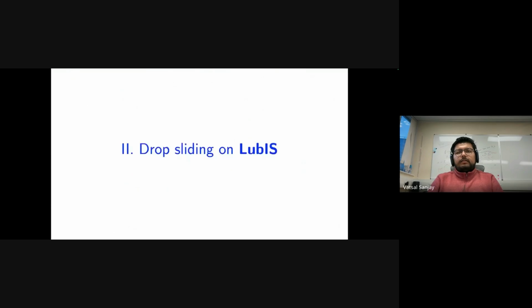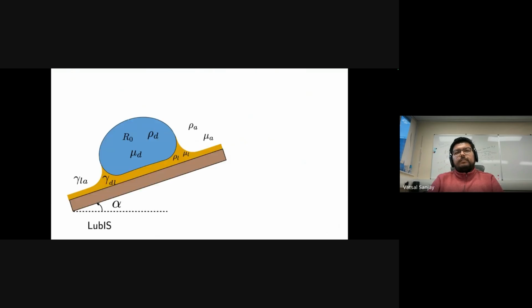So with this picture, let us move now towards droplets sliding on lubricant infused surfaces. And for that, we now have way more control parameters. In fact, we will still have the dimensionless viscosity of the droplet given by Ohnesorge D, so OhD.